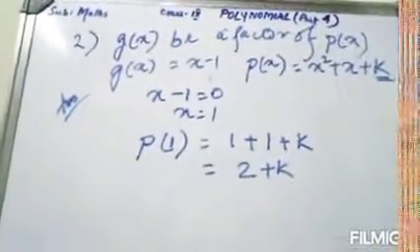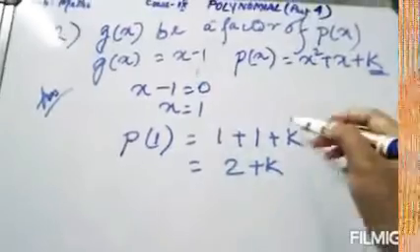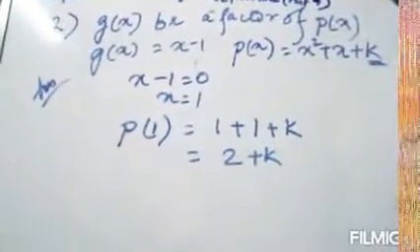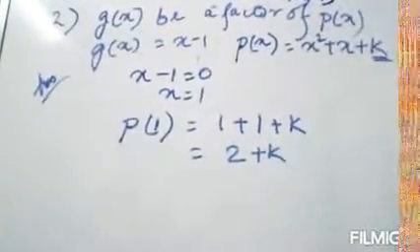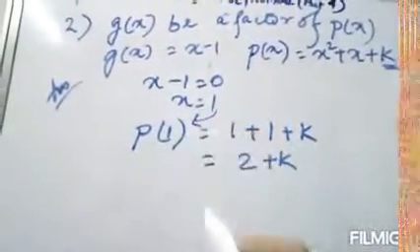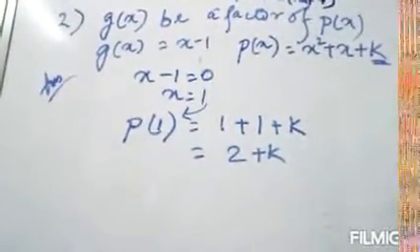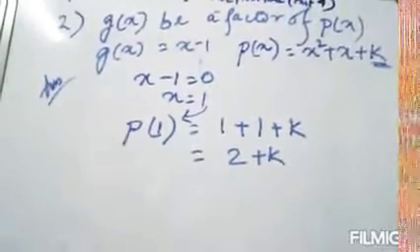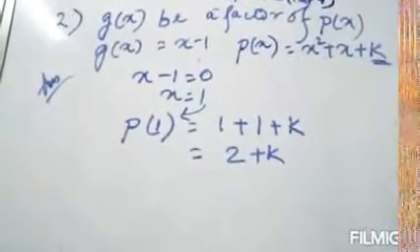Correct? Now, if this k's value was given, then after substituting the 0 of the polynomial gx, we would have got the value as 0.